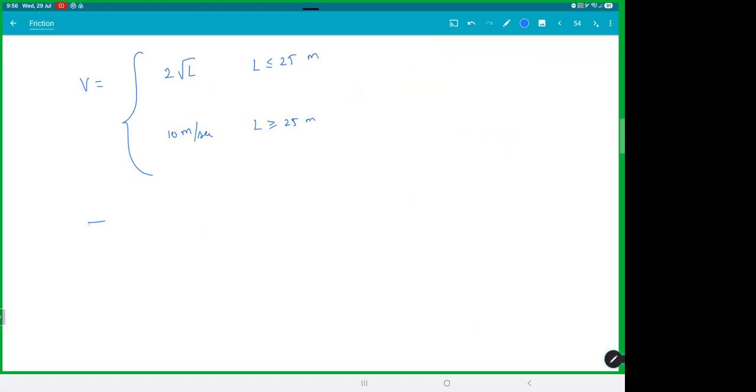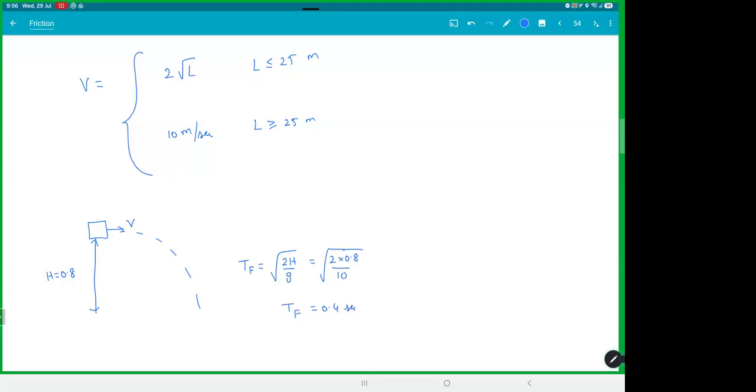And now the question has become a projectile motion. You're throwing with V. The height of the building is 0.8. Time of flight will be root over 2h by g. That comes out to be 0.4 seconds.